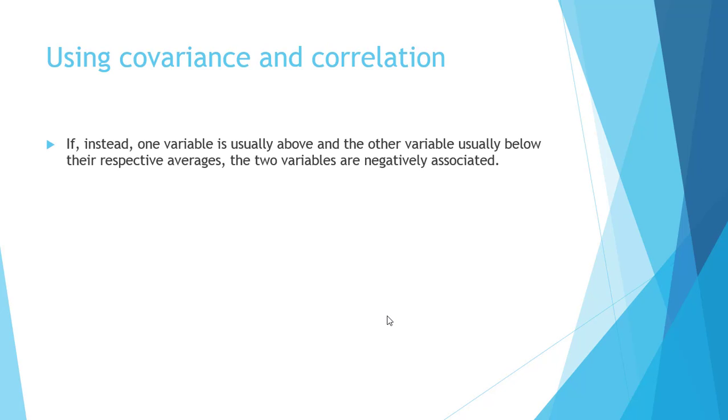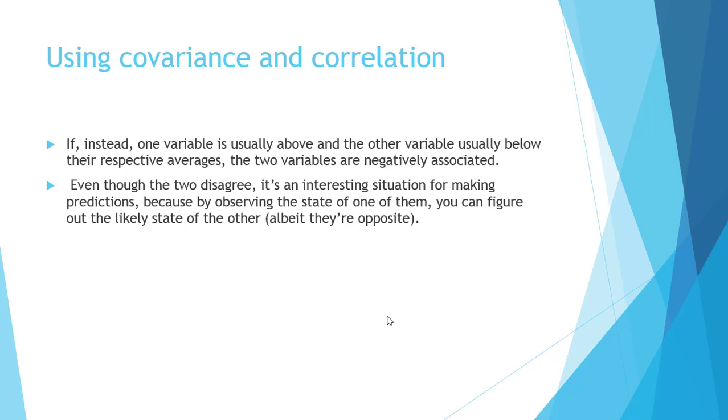And if instead one variable is usually above and the other variable is usually below their respective average, then the two variables are said to be negatively associated. Even though the two disagree, it is an interesting situation for making predictions, because by observing the state of one of them, you can figure out the likely state of the other.